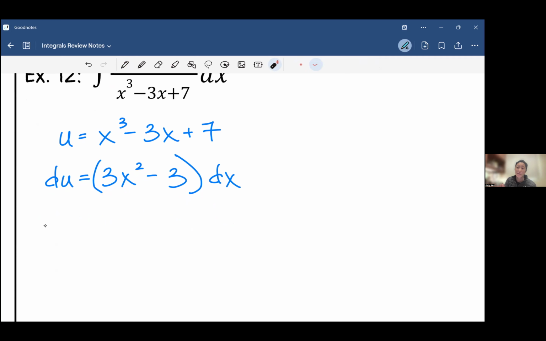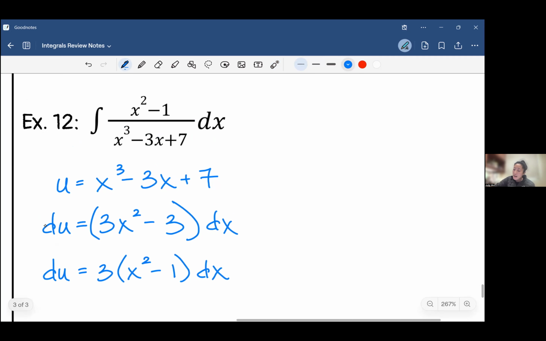I can factor that 3 out, and I'll get du equals 3 times x squared minus 1 dx. Now I have x squared minus 1 dx in my equation. So I just have to be patient and trust that if I see a power and one smaller power, I might want to try u-sub as my first go.